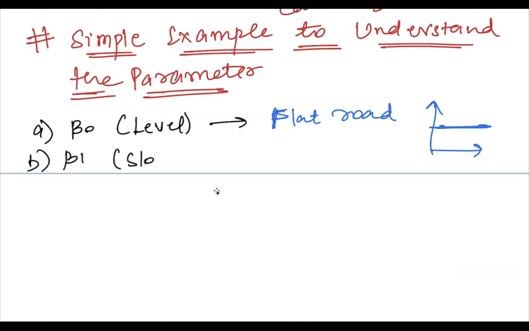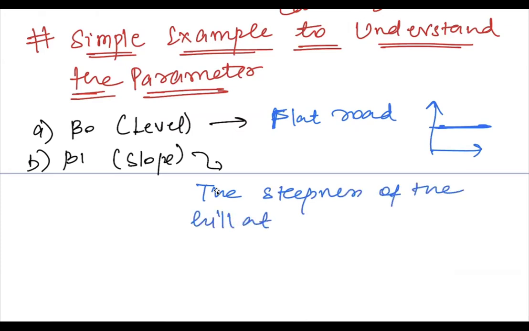Let's say this is the slope. How will you remember beta 1? It is nothing but the steepness of a hill at the start of the road.